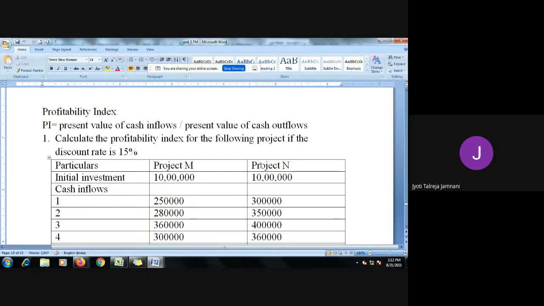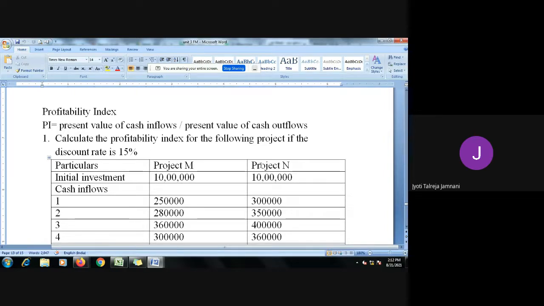At 12%, I'll be having no profit, no loss. So anything above 12 will give me profit. So that is how I have to plan my investment decision using IRR. Now, under the same discounting techniques, the third one is the profitability index.